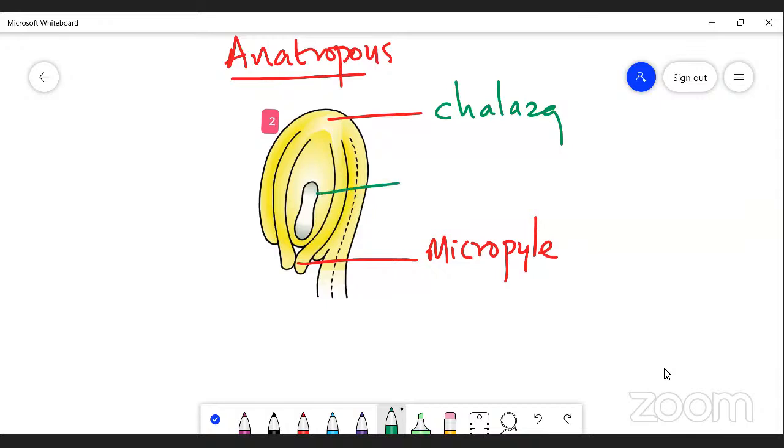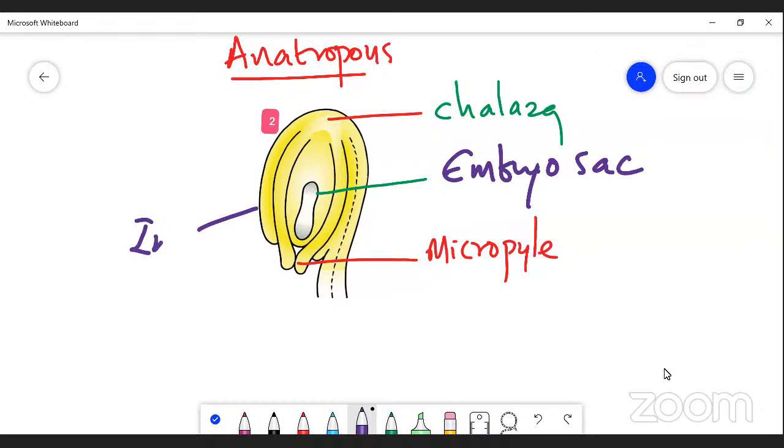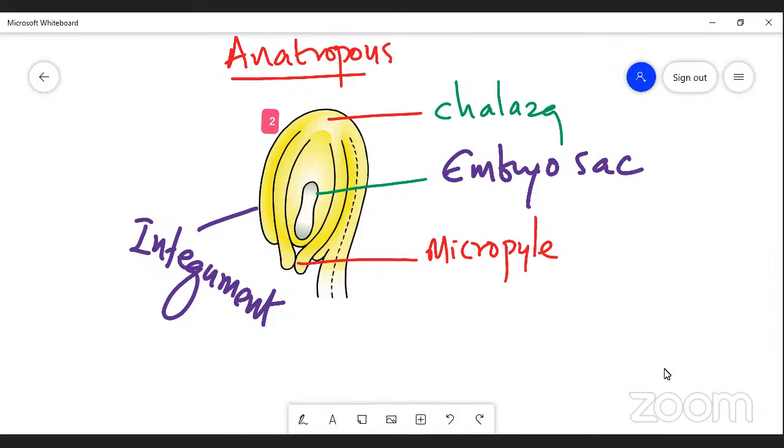But at the center, as I said, is the embryo sac. And both of them are protected by the integuments. So in case of anatropous ovule, the microphyll region and the chalazal region are inverted by an angle of 180 degrees, right? This type of ovule is found in some cases in angiosperms.